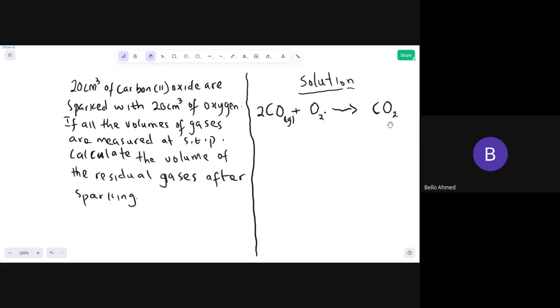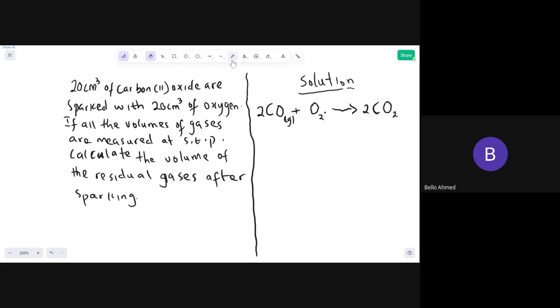Now when you check the right hand side, you have 2 atoms of oxygen, so I can add 2 here, and that's going to be 4 atoms of oxygen. But once you do that, the number of atoms of carbon is no longer the same. So this 2 is going to affect carbon here, meaning you have 2, and at the right hand side as well, you have 2. So the equation is balanced now.